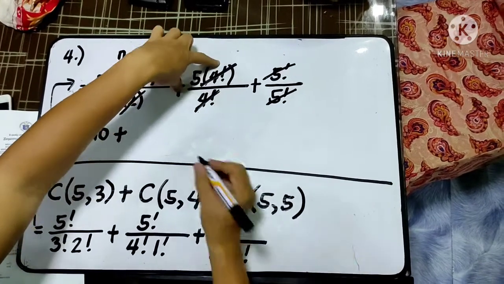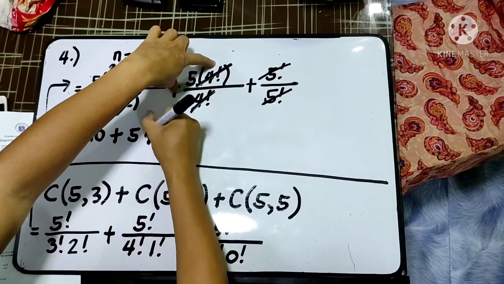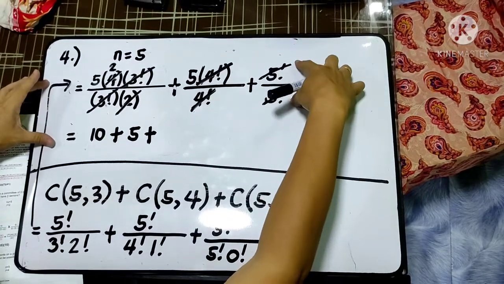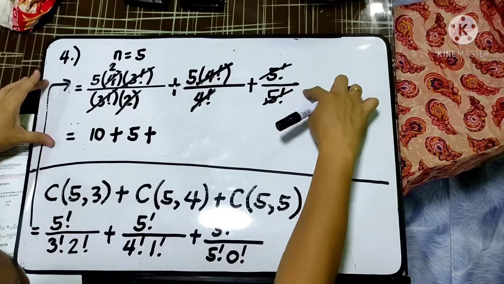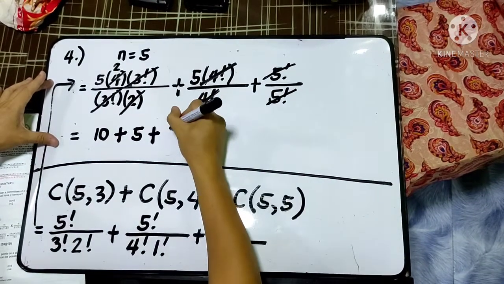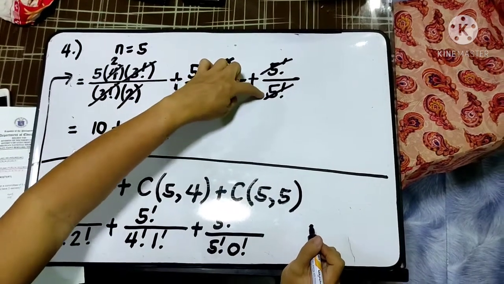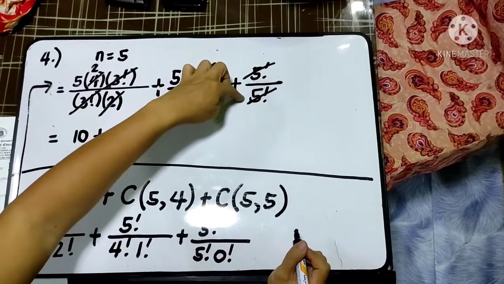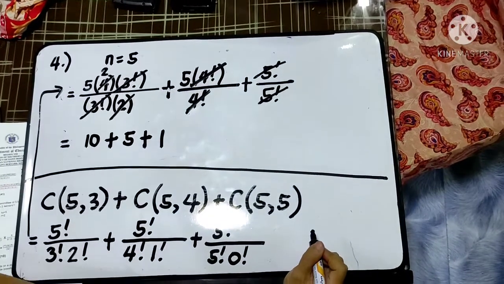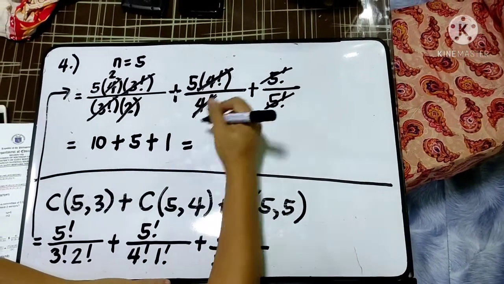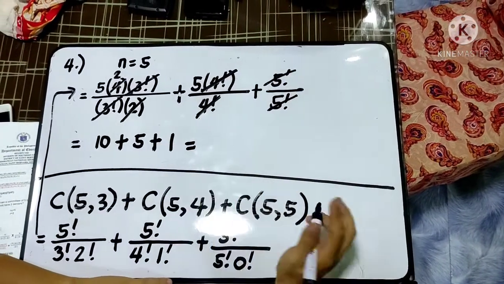So 5 times 1 is 5 plus, so the value of this is, dahil na-cancel dyan at na-cancel dito, 1 ang value niyan. Okay? Because 5 factorial divided by 5 factorial is equal to 1. So, yan ang usual mistake, dahil pag kinancel na nila, 0 na ang ilalagay.